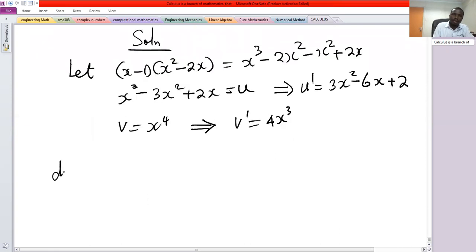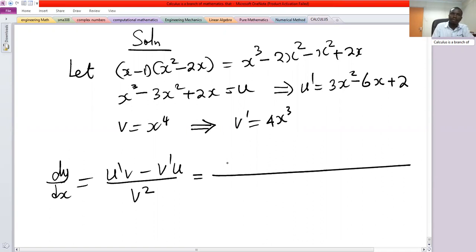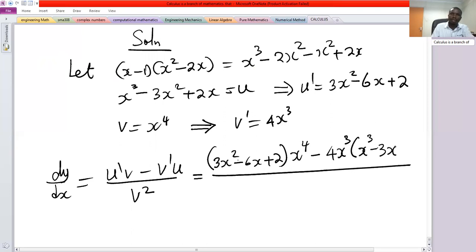So dy dx is u prime v minus v prime u over v squared, which will be u prime is 3x squared minus 6x plus 2 times v, x power 4, minus v prime is 4x power 3 times u is x power 3 minus 3x squared plus 2x, over v squared, x power 4 squared.